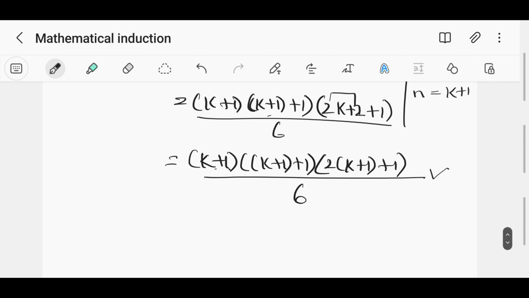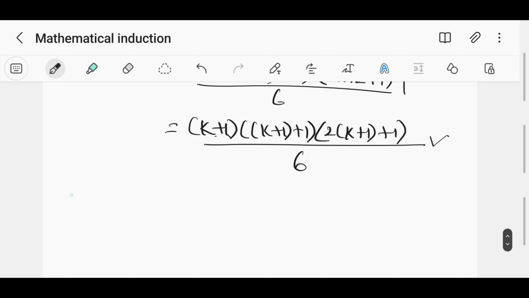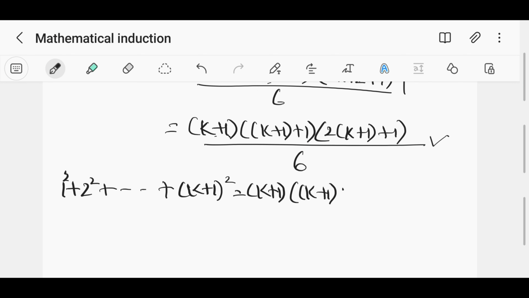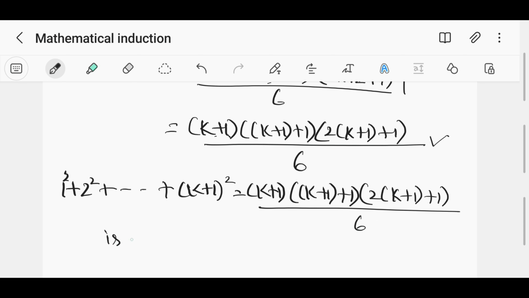Therefore, our statement, that is 1 square plus 2 square plus so on plus (k plus 1) the whole square, is equal to (k plus 1) into (k plus 1 plus 1) into (2 times (k plus 1) plus 1) whole divided by 6, is true for n greater than or equal to 1. So somehow we proved that the third step, that is S of k plus 1, is true.